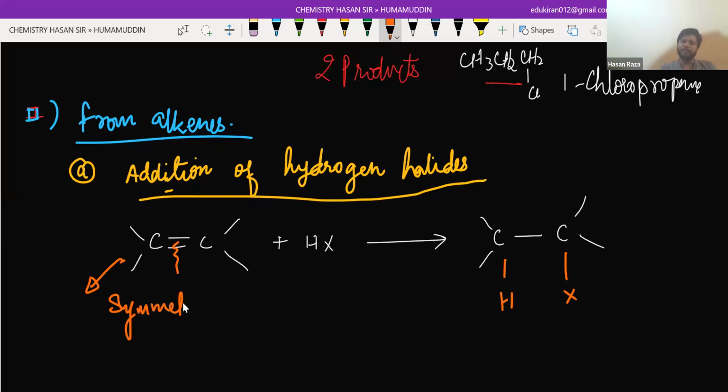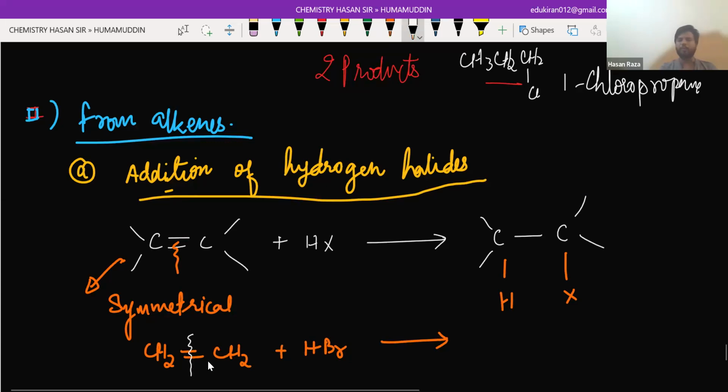This alkene is symmetrical. That means if you break this double bond, the left and right sides are equal to each other. Yes or no? Yes. So whenever a symmetrical alkene, like CH2 double bond CH2, reacts with HBr, first you need to know that if you split it into two parts, the left part will be an image of the right part.